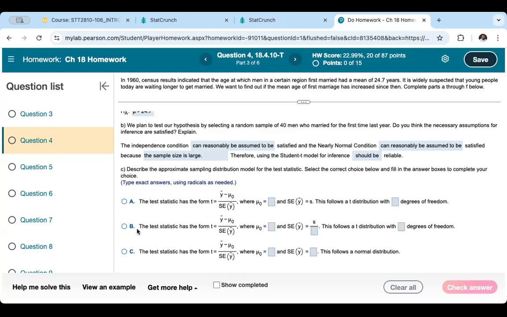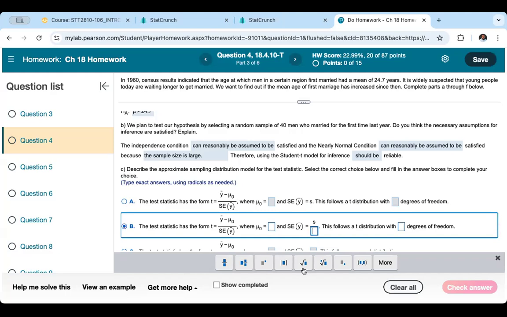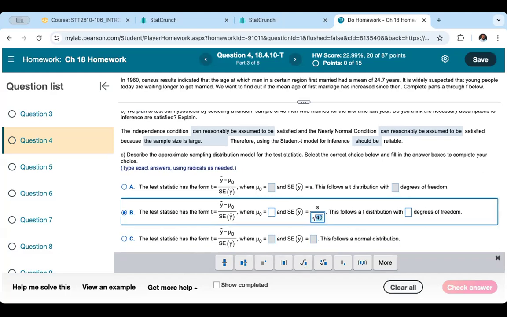Now we are left between A and B. What do you think is the right answer? The standard error of the sample mean is S divided by the square root of N, not S. So that means A is also out. What is our N? Our N is 40. So we put the square root of 40 here. What is our mu naught?